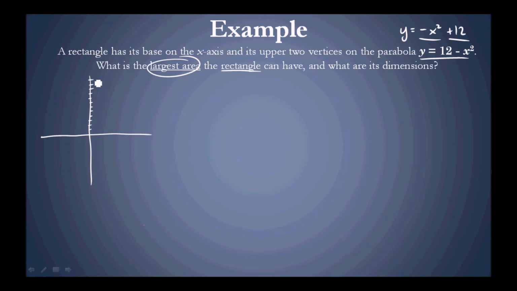So we know it's up to y equals 12, up here at 12, and it's upside down, almost like that, if we could draw. So now we have a rectangle inside. Let's draw this rectangle. So there's our rectangle.